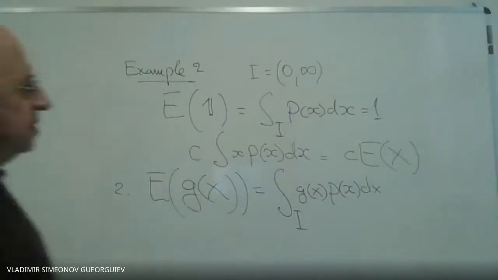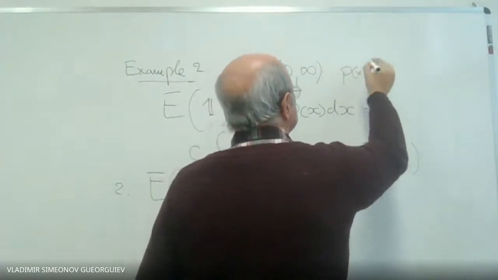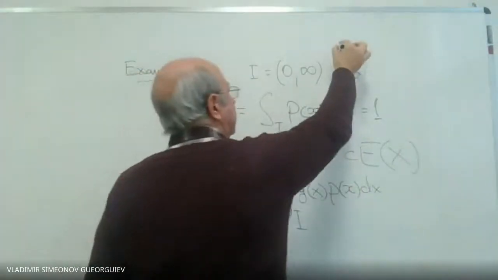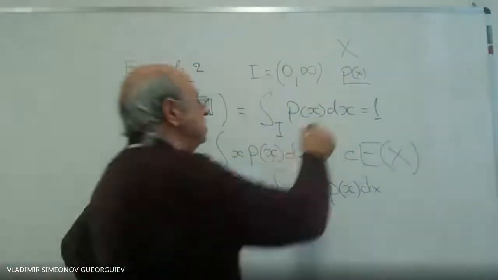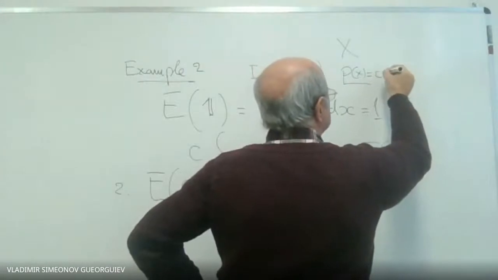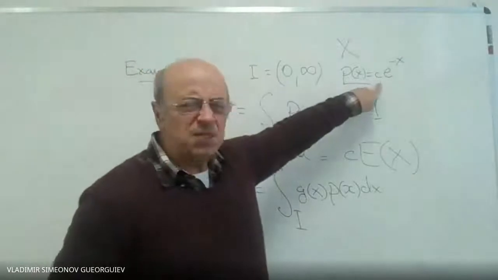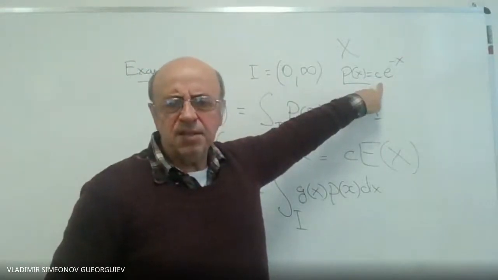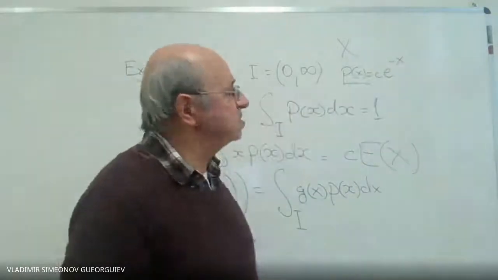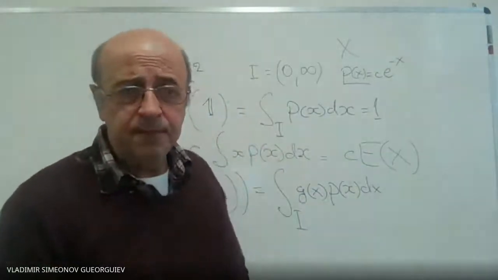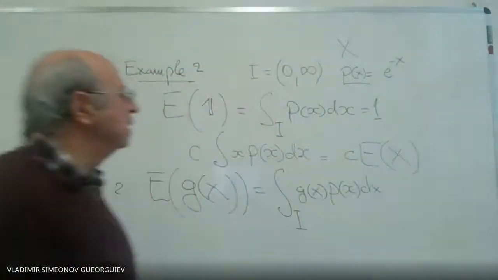For p(x), we take a random variable x whose density is determined by a constant c times e to the power minus x. Do you remember what the constant was? I think we already computed this example. The integral from 0 to infinity of e to the power minus x is 1, if I'm not mistaken. Therefore, the constant c is 1.